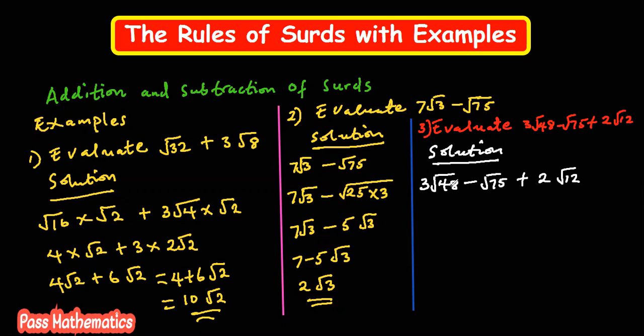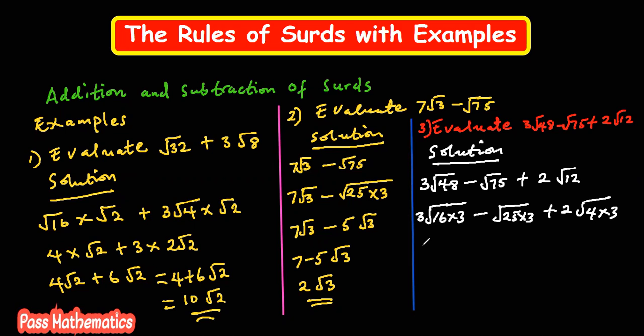So again, we're just going to break these down into their factors. So this is going to be 3 root 16 times 3. Yes, these are the two factors. You must make sure one is a perfect square in order to get it done. Then we're also going to have root 25 times 3. Then plus 2 root 4 times 3 as well.